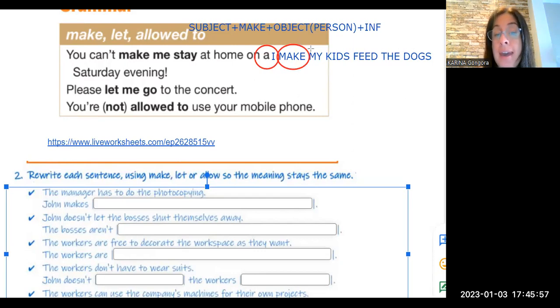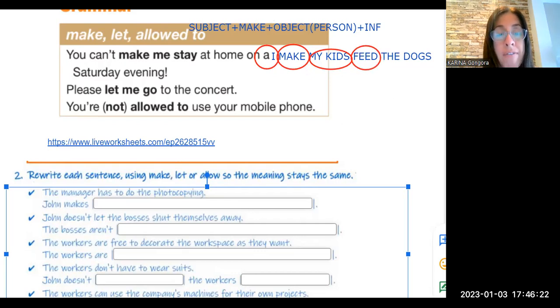After the make, después del verbo make, voy a poner el objeto. ¿Cuál era el objeto? La persona realizando la acción. Yes? A quien yo fuerzo a que haga algo. I make my kids, right? My kids is the object. And then we have feed, that is the verb in the infinitive, right?